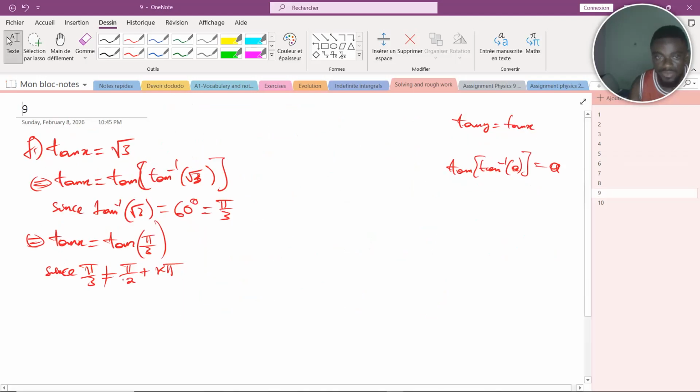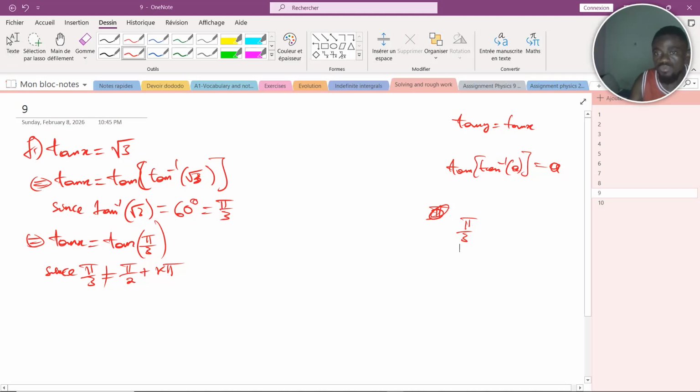And we see that pi on 3 is not an odd multiple of pi on 2. You get what I'm saying? For you to check that, just do pi on 3 minus pi on 2. If it does not give you a multiple of pi, then pi on 3 cannot be written in the form pi on 2 plus k pi.